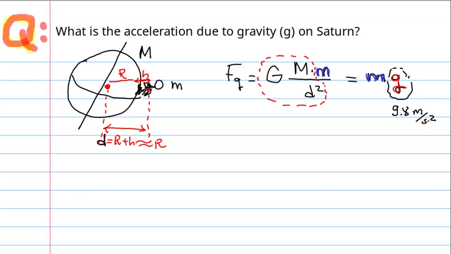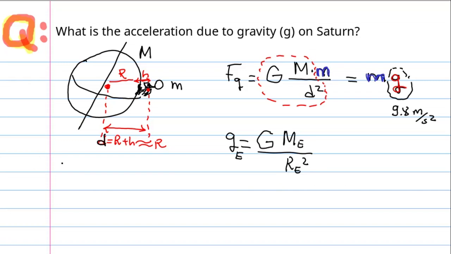That's the acceleration due to gravity. Now we are ready to write lowercase g in terms of big G and the mass of Earth, because we are writing it for Earth, divided by distance squared, which is r Earth squared. That's g Earth.